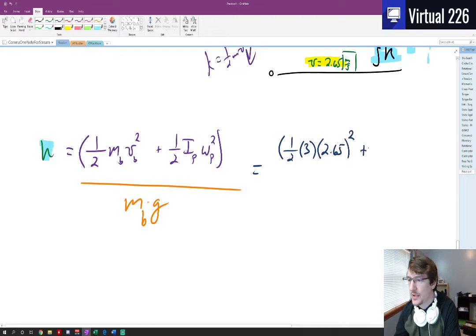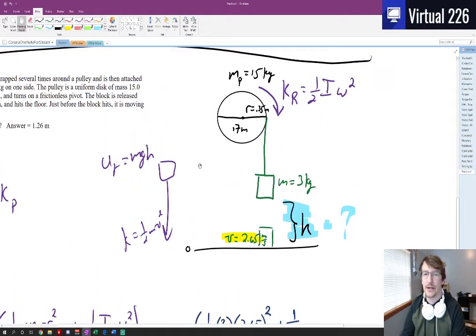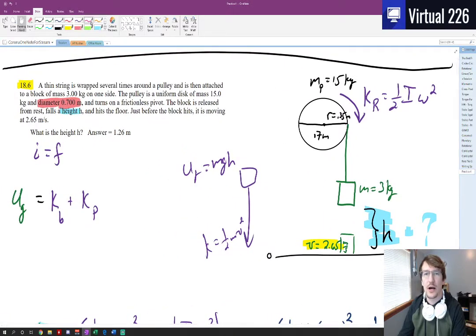And then this is going to be plus the 1/2 and then the moment of inertia of the pulley. We've got to come back up here to figure out what this is. The pulley is a disc, and we know that the moment of inertia of a disc is 1/2 times the mass times the radius of that disc squared.